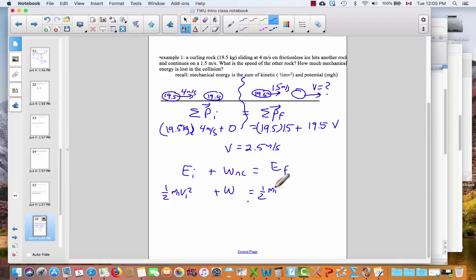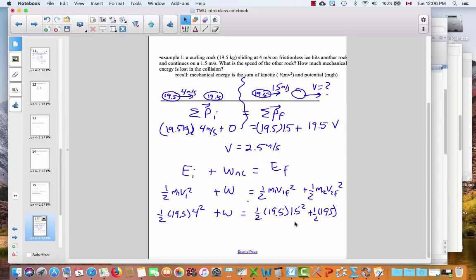Now the final energy here is again just kinetic, and it's the kinetic energy of the two objects added together. So initially we had this one going at 4 meters per second, and we're just substituting in the speeds which were given above, and now we're going to substitute in the V2 final that we just found from our momentum calculation.